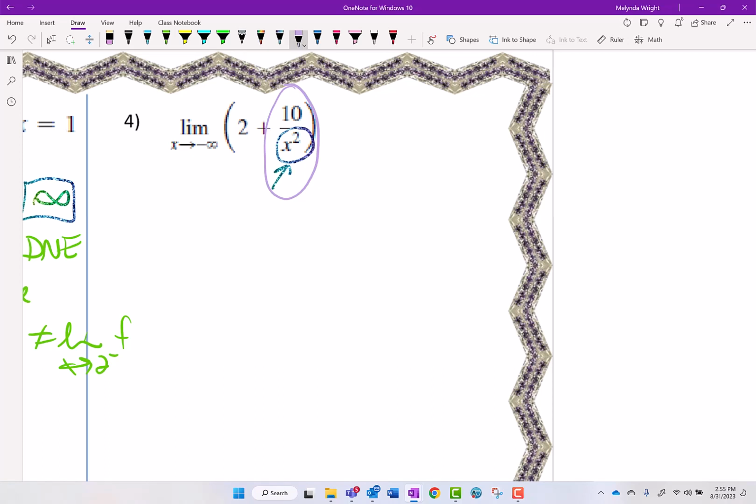Well, if you think about fractions like 10 over 100, 10 over 1,000, 10 over 10,000, 10 over a million, that's going to be a really small number, right? 10 over a million is really little. It's going to get so close to 0, we're going to say that it is 0. So that turns to 0. So then what is the limit of a constant? What's the limit of 2? 2. The limit of a constant is the constant. So our answer is 2.